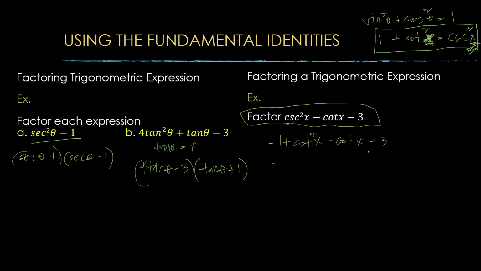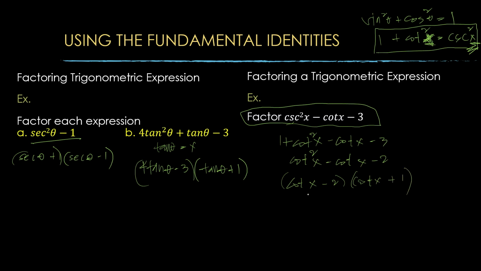Okay, so simplifying this expression, I have cotangent of x squared minus cotangent of x minus 3 and plus 1. So that will become negative 2. Similar with this problem, you can just say that the factors are cotangent of x minus 2 and cotangent of x plus 1.